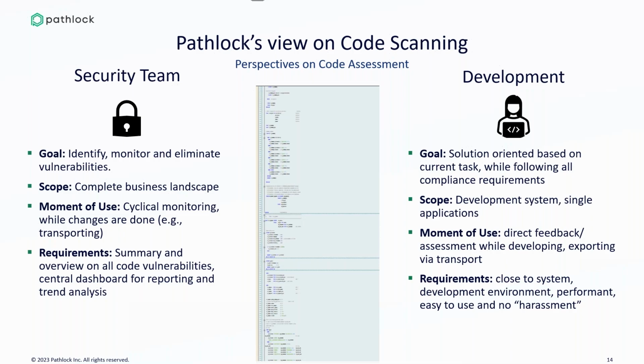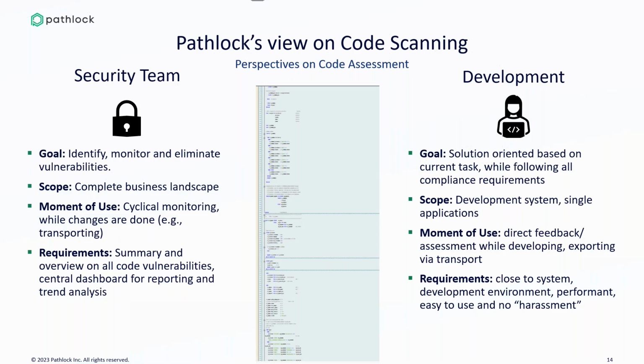The development team on their side has other goals. They are more solution-oriented. It's not important that you have the whole application. They have one task currently, and they want to follow all compliance requirements, because otherwise they will get trouble. They have a problem to transport something in this direction. What is the scope?